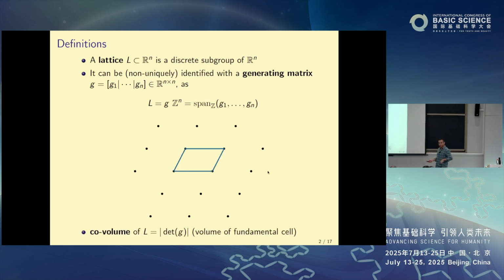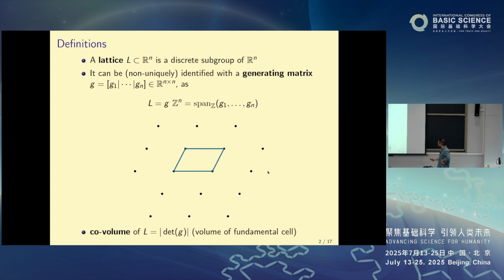The scale of the lattice is determined by a quantity called the covolume of the lattice. What is the covolume? It is the volume of a fundamental cell. There are many fundamental cells for each lattice, but for this particular talk, we will like specifically this fundamental cell, which is the simplest one. It's the fundamental parallelepiped, and you get it just by multiplying the generating matrix G by the cube [0,1]^n.